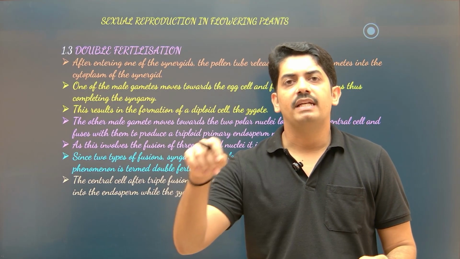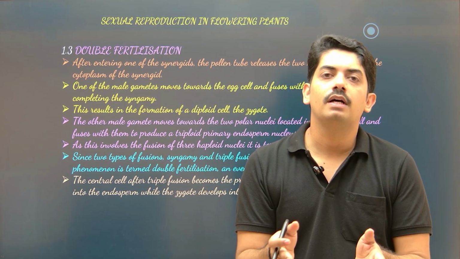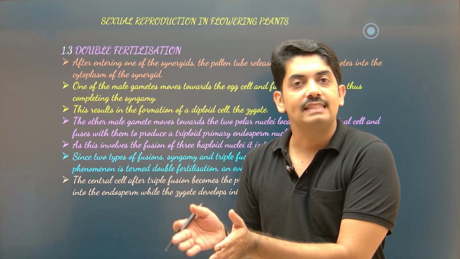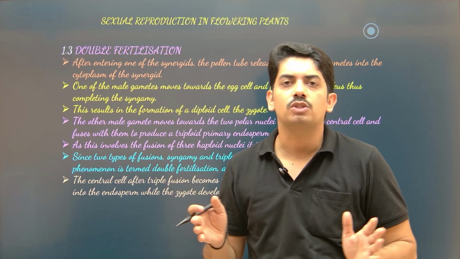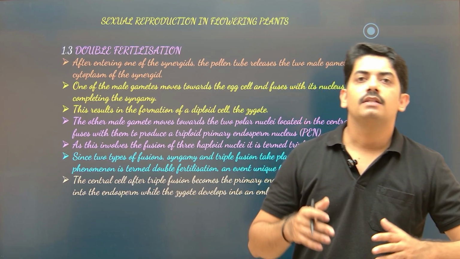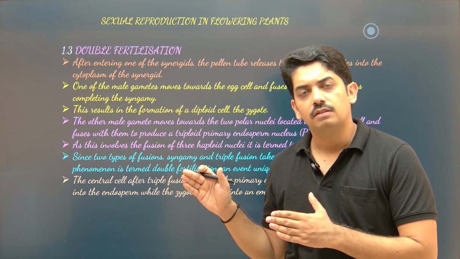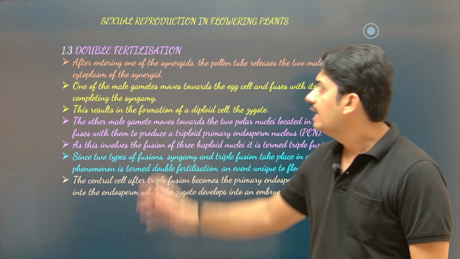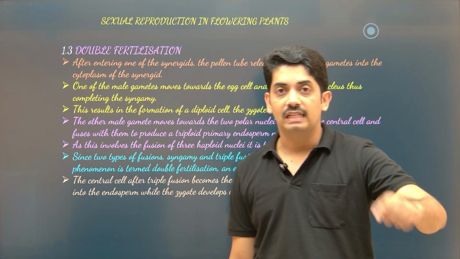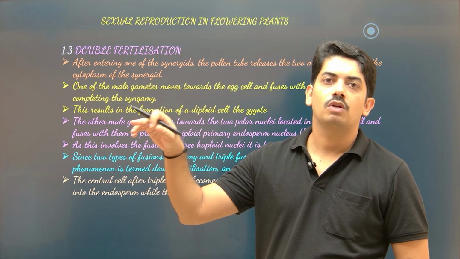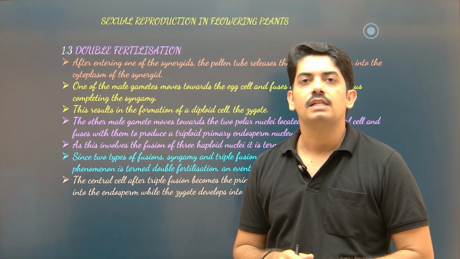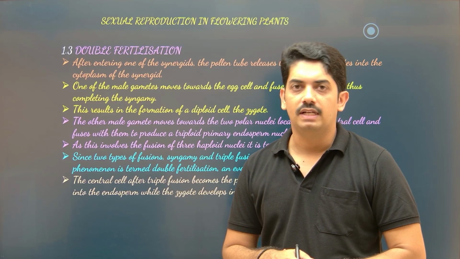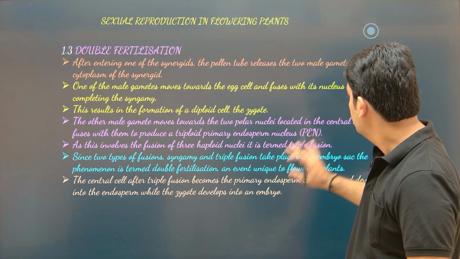One more male gamete comes in contact with it and forms the endosperm. Now the endosperm is 2 plus 1, that is 3. Endosperm is always triploid, and the zygote formed is diploid. This process we call double fertilization: fertilization of the egg and fertilization of the primary endosperm nucleus take place simultaneously.